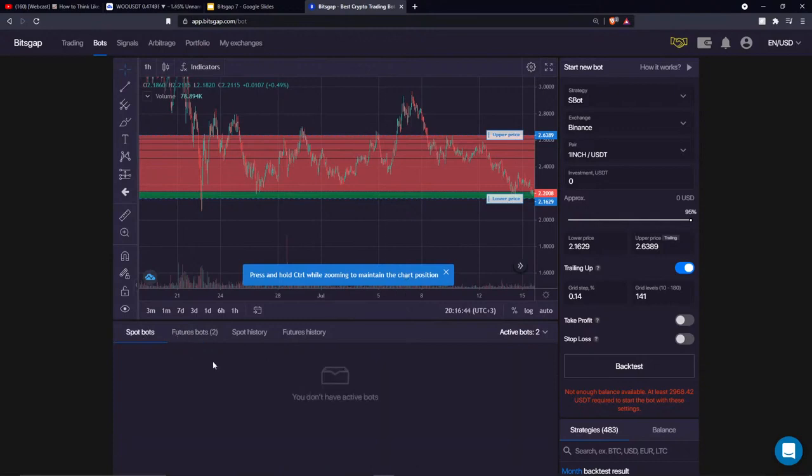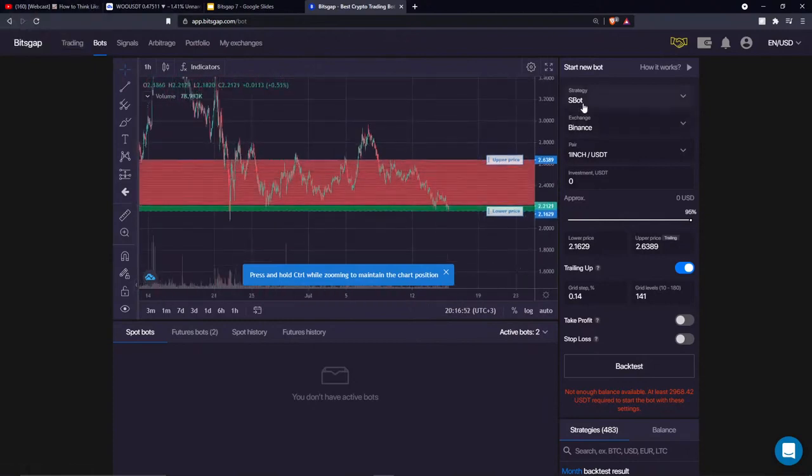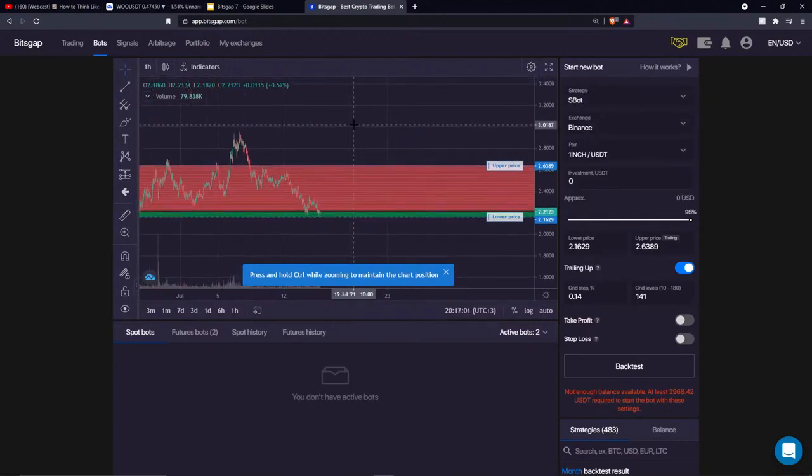But yeah, I have 9 strategies on the other account anyway, and all of them are for the sideways market. So all 9 strategies that I have are for the sideways market and with the SBOT configuration. As you know, the SBOT is basically the top one strategy to use for the sideways market.